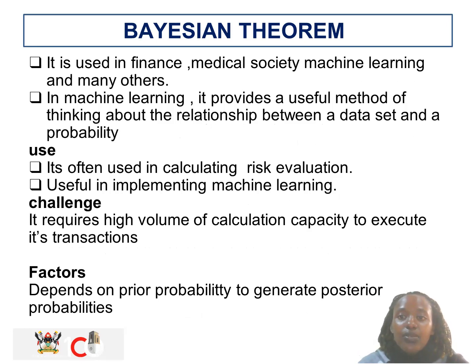It provides a useful method of thinking about the relationship between the dataset you have chosen to use and the probability, the likelihood of that dataset to be the best. It's often used in calculating risk evaluation, as we saw in finance. It's useful in implementing machine learning, which we already talked about.